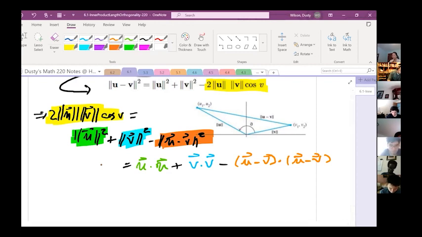All right, so let's mess around with this orange stuff for a second. So this orange stuff would be the same thing as u dot u minus u dot v plus v dot u plus v dot v.